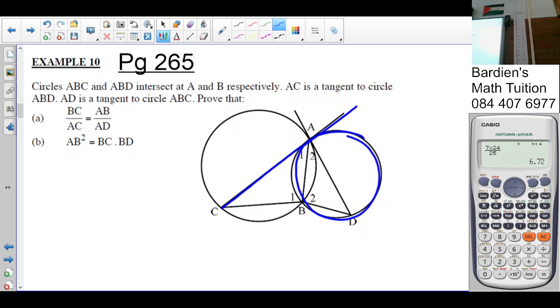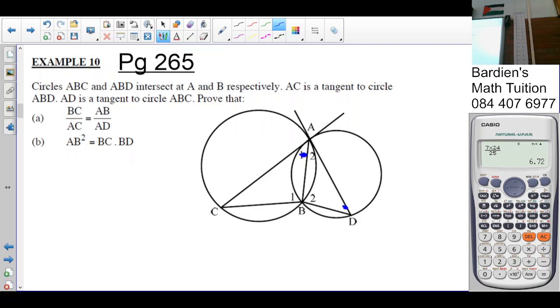AC is a tangent, so what can be concluded from that? A1 is equal to angle T. Why? Tan chord. You guys got it? Right, nice. So I'm going to put a little dot here and a dot here, just to show that it's equal.